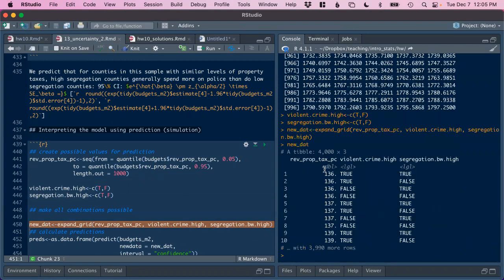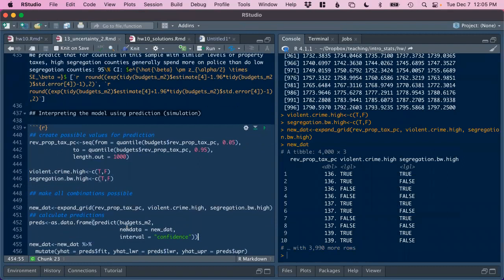And you can see that for property tax revenue, we expect to see 4 entries for each one: high violent crime, high segregation, high violent crime, low segregation, low violent crime, high segregation, low violent crime, low segregation. We'll have those repeated for every single possible value of property taxes. What that's going to let us do is predict over every theoretically possible combination of our variables that could occur. I'm not saying they do occur, but they could.